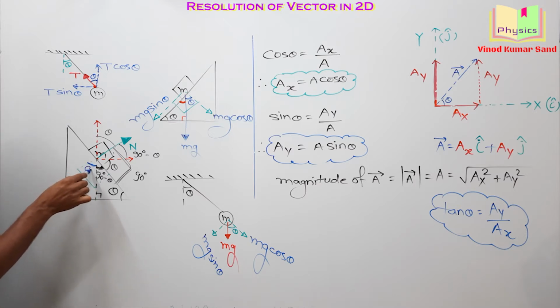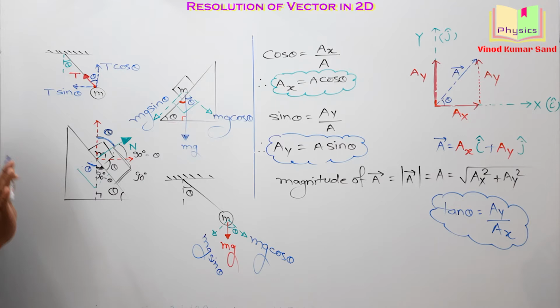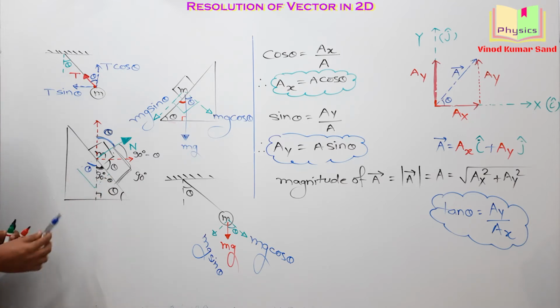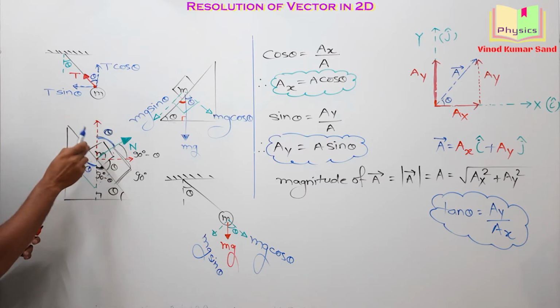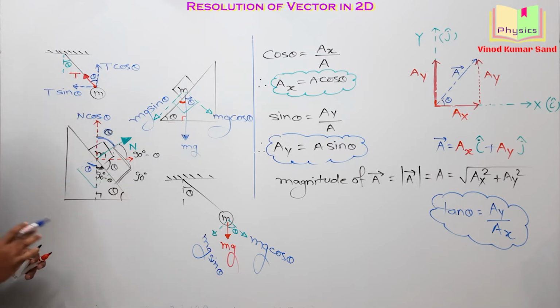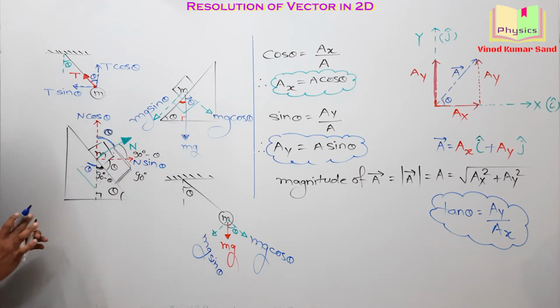It must be theta. If this angle is theta, how much should be this angle? This should also be theta. Okay, it's simple geometry, nothing else. Anyways, the component of normal along this axis, if normal is making angle theta with this axis, then we know the component here will be N cos theta and that remaining component will be N sin theta.